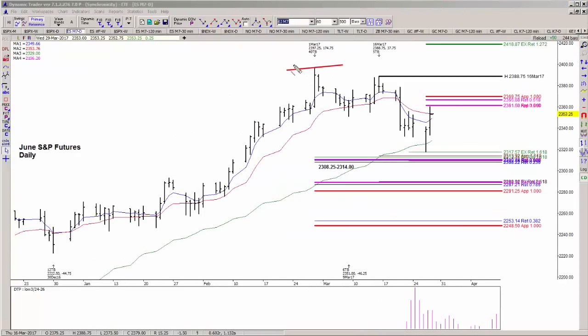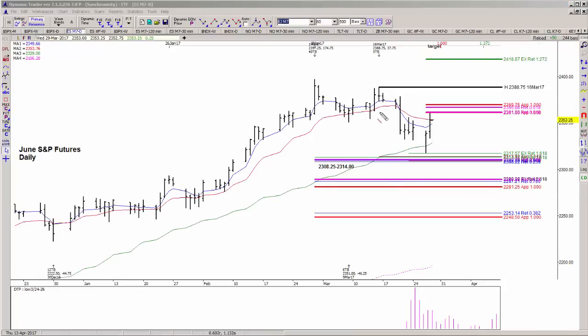So first decision I shared was the weekly time and price resistance. Second decision was time and price for a low here. Now, if this last high is more important, then what should happen? Well, we should fail around or below one of these two price resistance decisions.